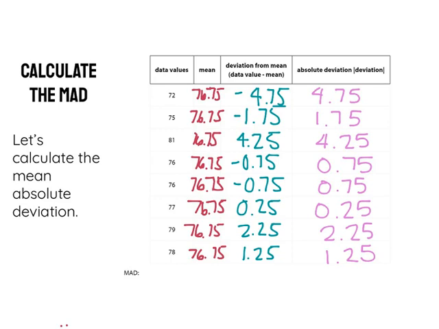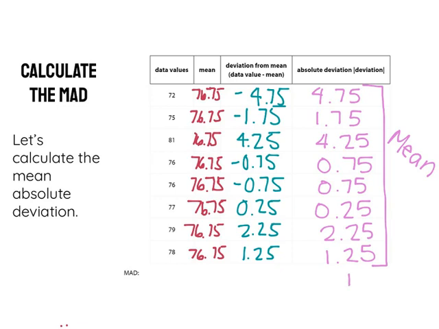Now I'm going to find the mean of these numbers. And remember, the way that we find the mean is we add all the numbers up and divide by how many there are. So 4.75 plus 1.75 plus 4.25 plus 0.75 plus 0.75 plus 0.25 plus 2.25 plus 1.25.